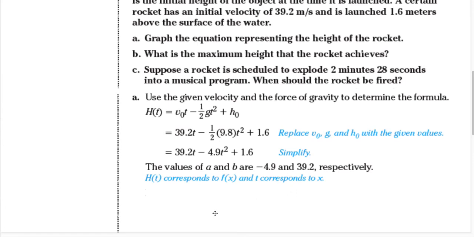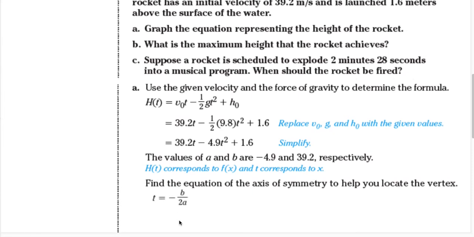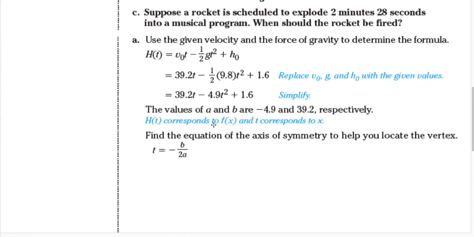We want to find the equation of the axis of symmetry to help locate the vertex. So we use our formula for the axis of symmetry: t equals negative b over 2a. Substituting the values for b and a, it is negative 39.2 all over 2 times negative 4.9, which is 4 seconds.